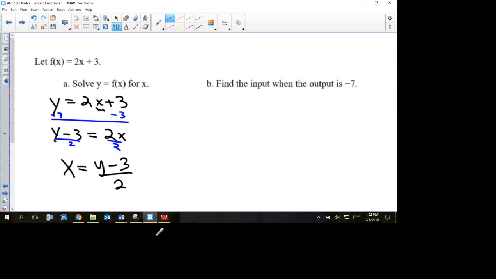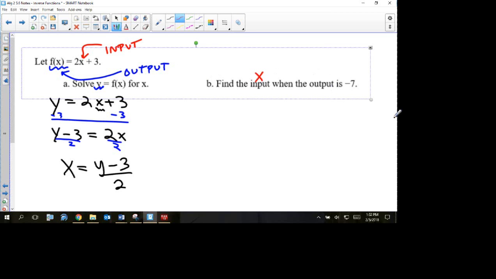When we think about the original equation, we think about x being an input, and f of x or y being the output, or the domain and the range. So the second part says find the input, which is which variable? The x. Find the input when the output, which is which variable, is -7.